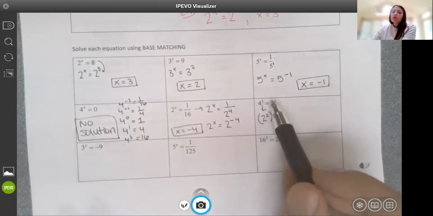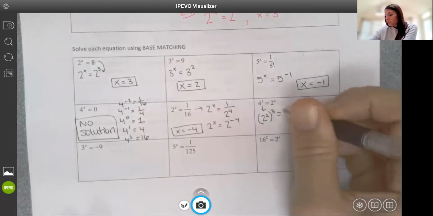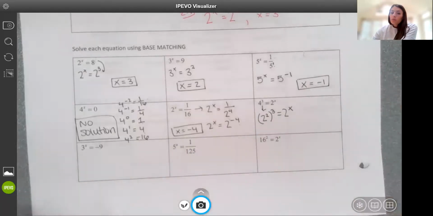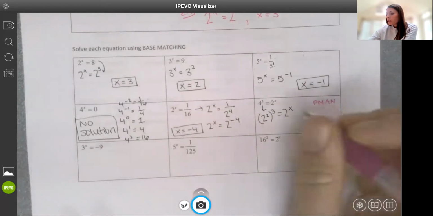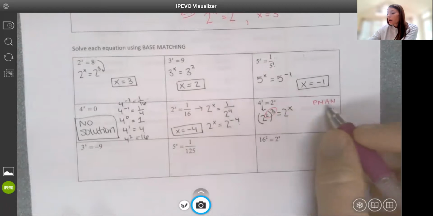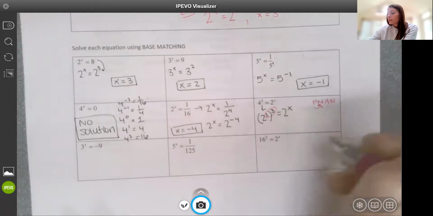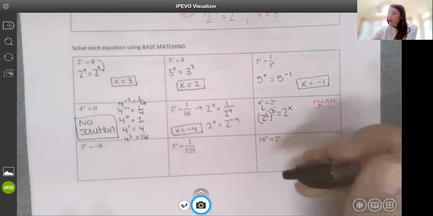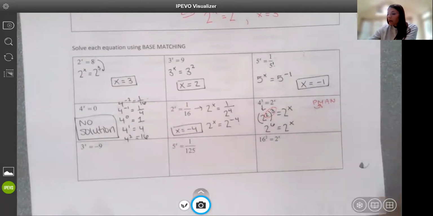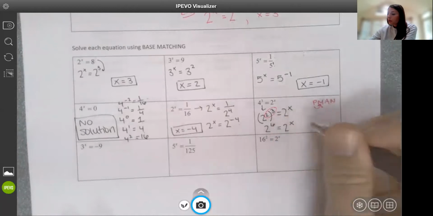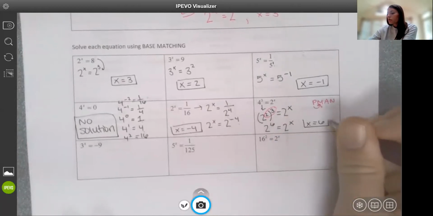So instead of 4 cubed, I'm going to think about it as 2 squared being cubed. And then properties of exponents, power to a power, I multiply those exponents. So really I have 2 to the 6 equals 2 to the x. And then x must equal 6.